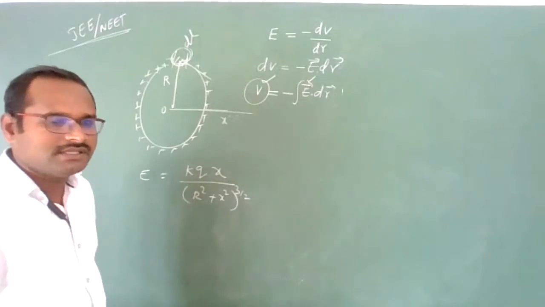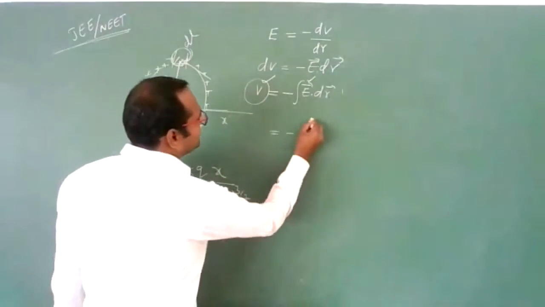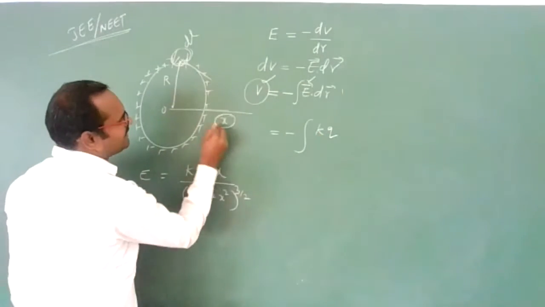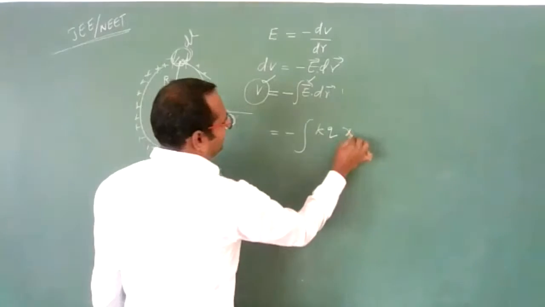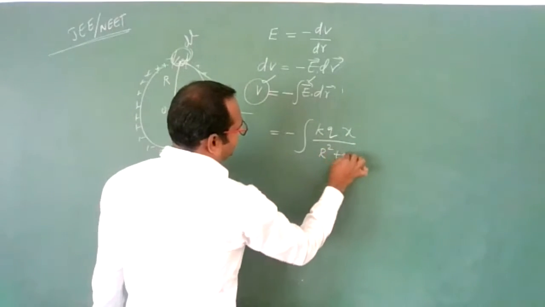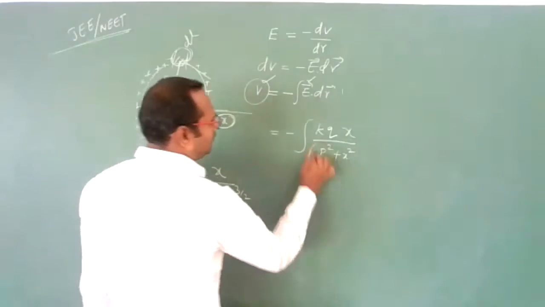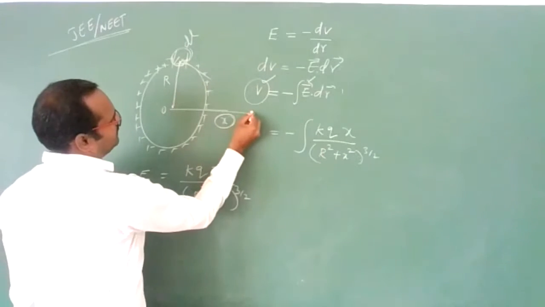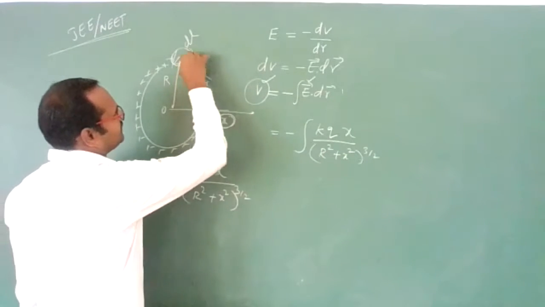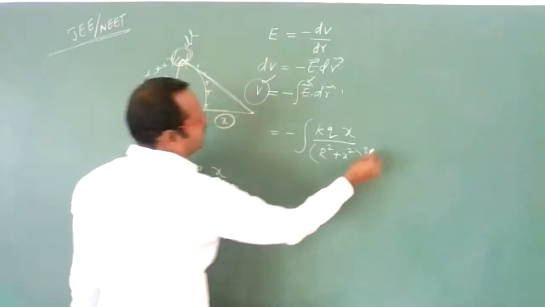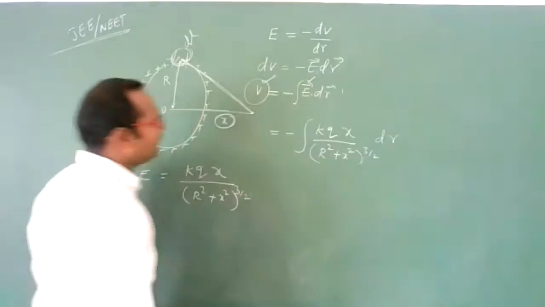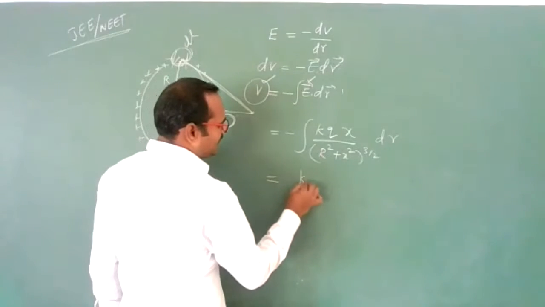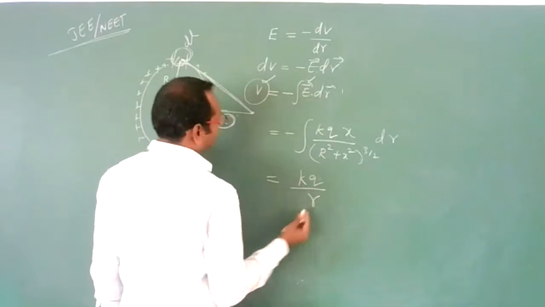Substitute here: minus integration of E value, kqx by (R square plus x square) whole power 3 by 2 into dr. The distance is from here, at this distance you want dr. If you integrate this, you will get the potential as kq by r, the small r distance.